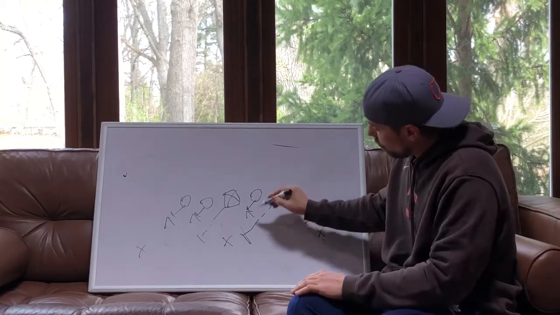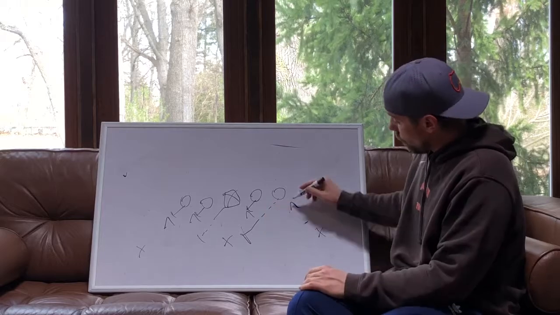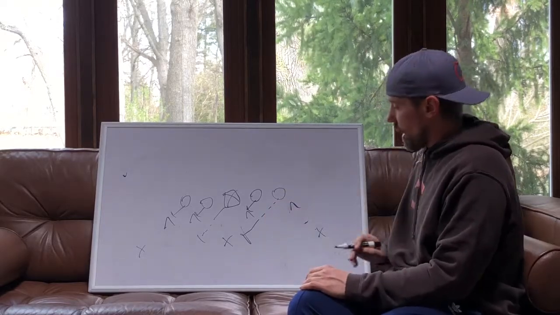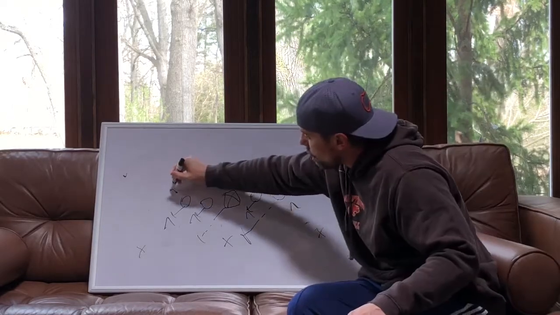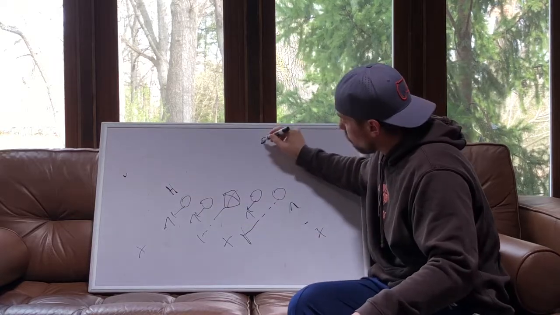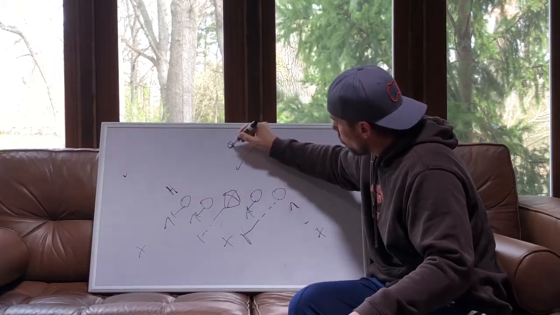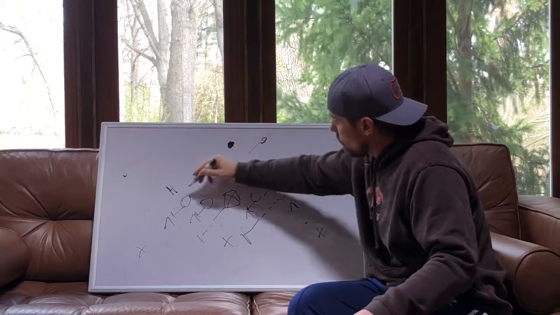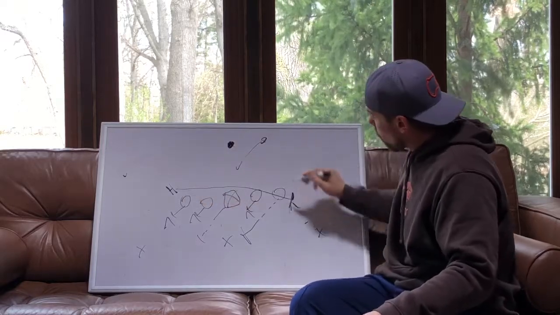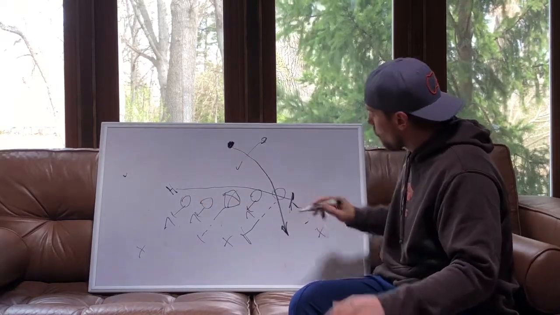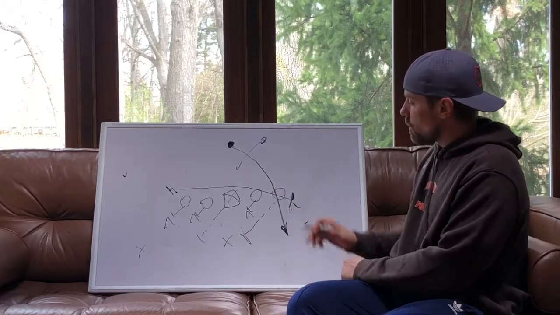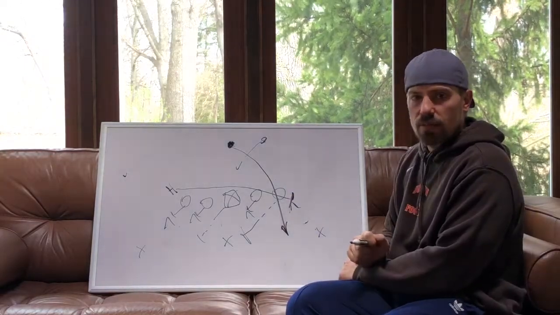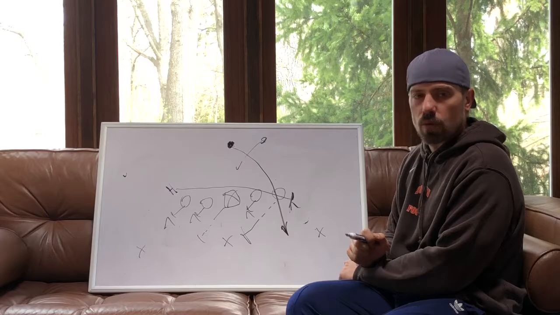They would obviously step a little more laterally, but same thing, and read this guy again on the backside. That could be an H-back trap coming back with the quarterback keeping it. We're going to fake this way. Quarterback's going to pull the ball, he keeps it. H comes all the way back across the set, trap blocks, and we run the ball here. What I'm showing you is the same blocking scheme, a lot of different plays. So there's definitely more than one way to skin a cat.